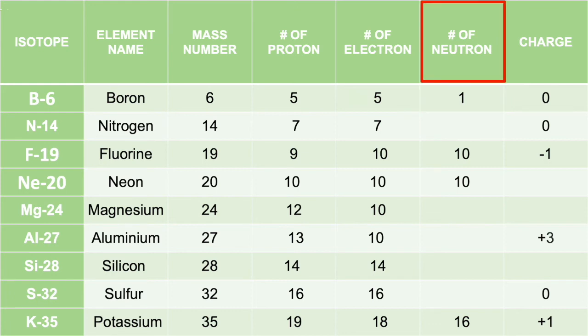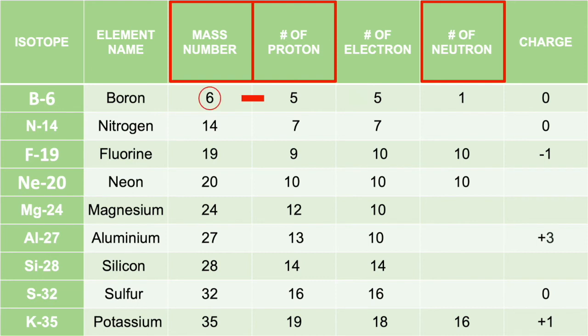Now, the number of neutrons depends on 2: the mass number of the atom and the number of protons of the atom, or the atomic number. We are simply going to subtract the number of protons from the mass number.